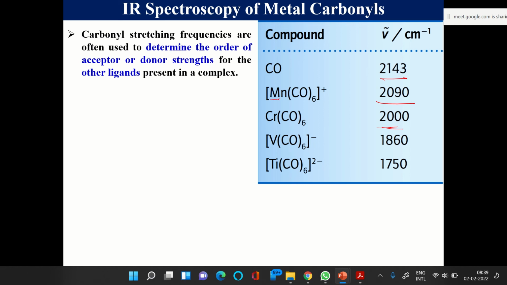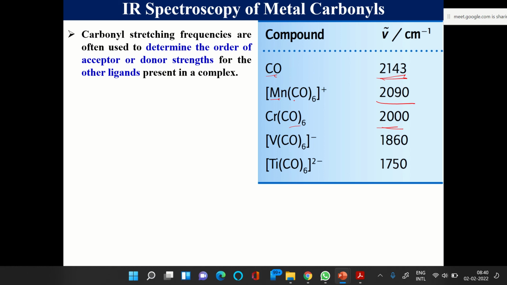CO stretching frequency is decreasing. This is the pure CO isolated. If you have only CO gas, it is like this. Combined with manganese, CO6, all are hexa coordinated, in octahedral coordination.